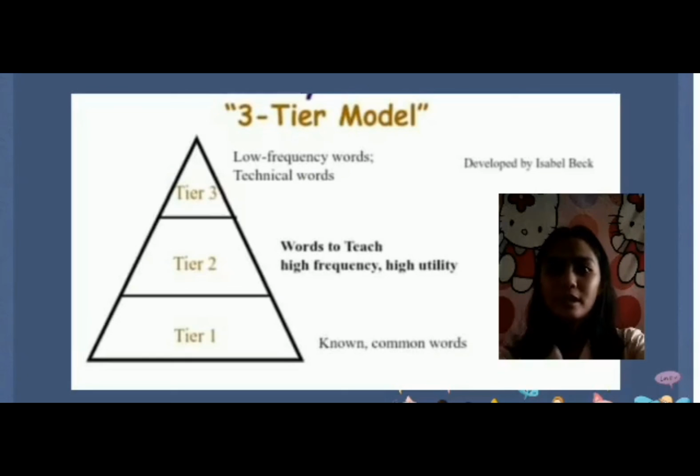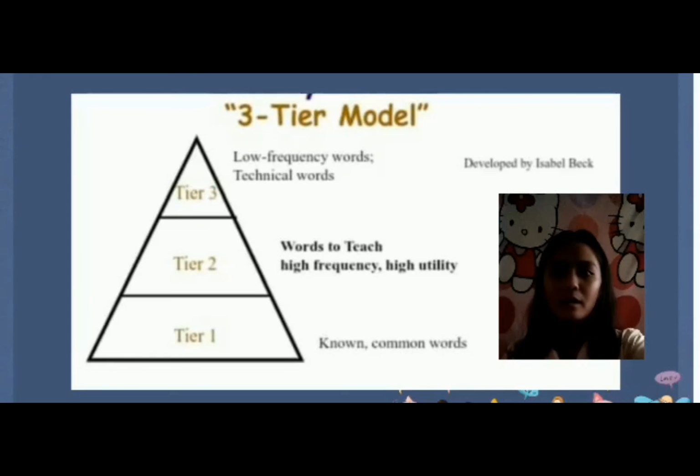Tier 2 words are high-frequency words that occur across contexts. These words are used by mature language users and are more common in writing than in everyday speech. Examples are hilarious, endure, despise, arrange, compare, and contrast.